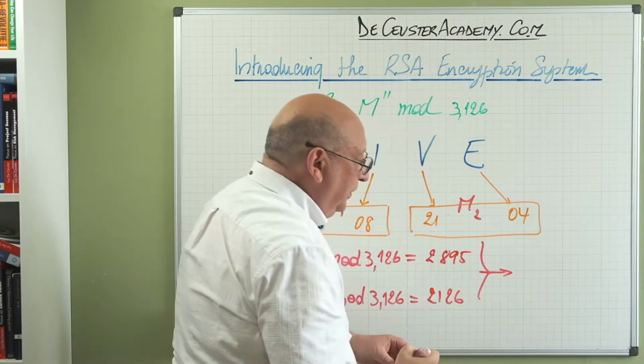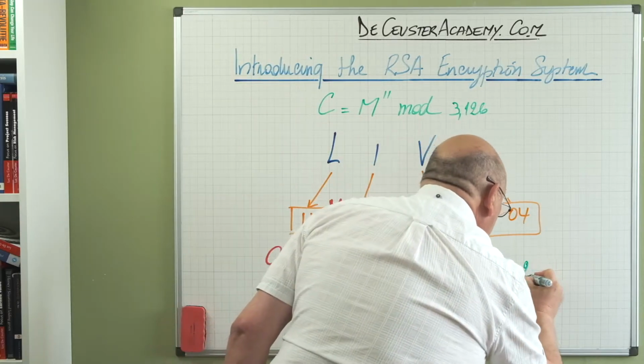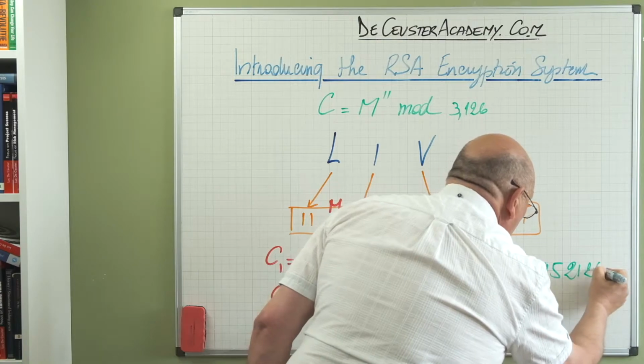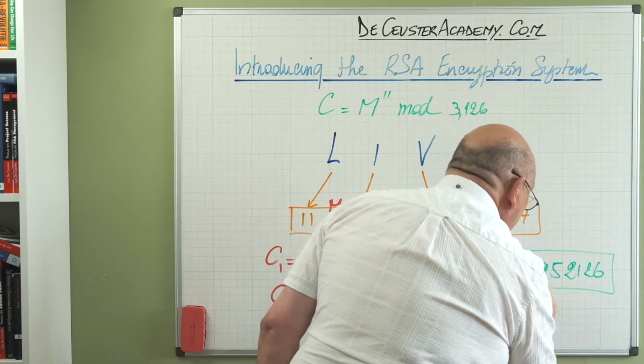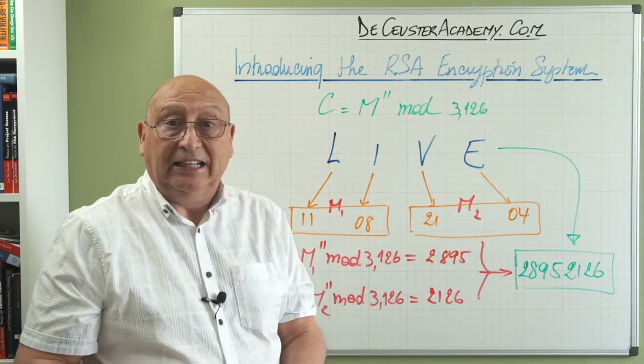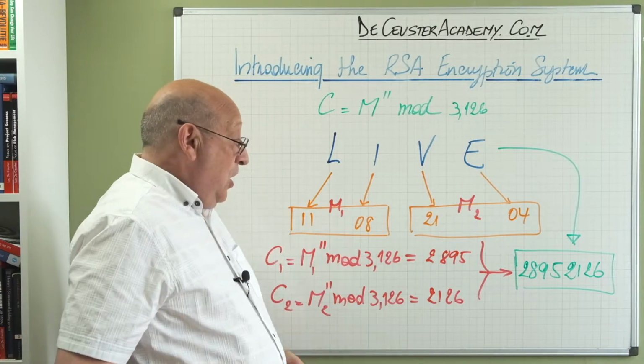And based on this we can say that the coded message is 28952126. So basically this has been coded into this series of numbers.